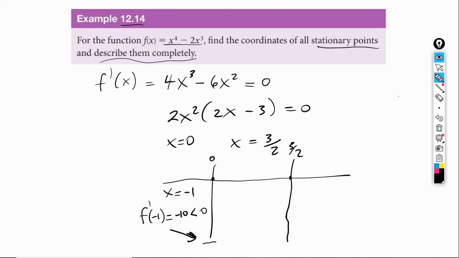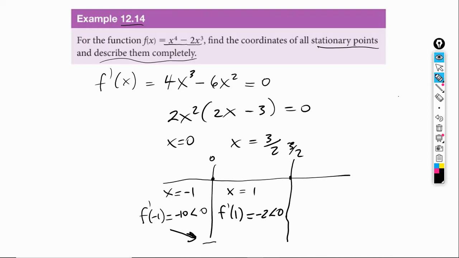Let's see what happens after 0. Let's plug a value between 0 and 3/2. An easy value would be 1. So let's test x equals 1. Remember that we have to plug this into the derivative. We're going to get -2, which is, again, less than 0.